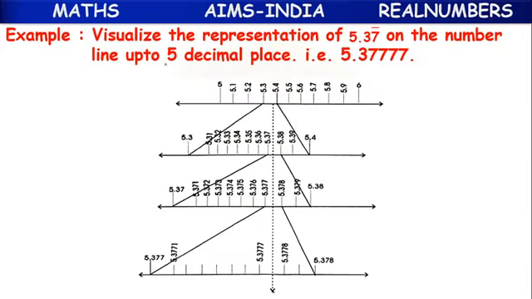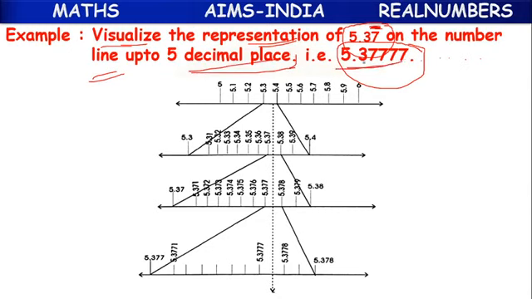Next. Suppose we have a non-terminating recurring decimal like 5.37 bar, where bar stands for the recurring part. We have to visualize the representation of 5.37 bar on the number line up to 5 decimal places, meaning 5.37777. After 5 there is 0.3, and after that 7s.